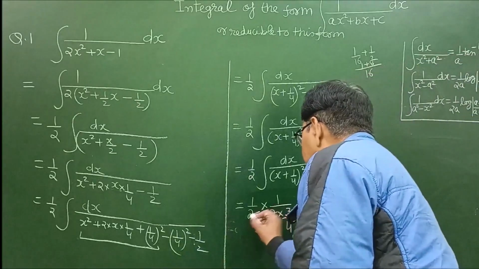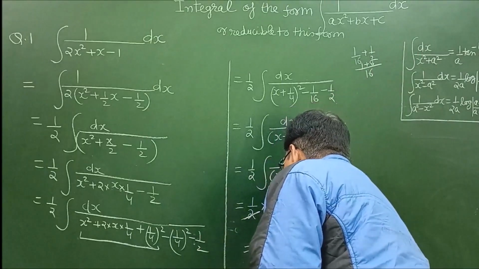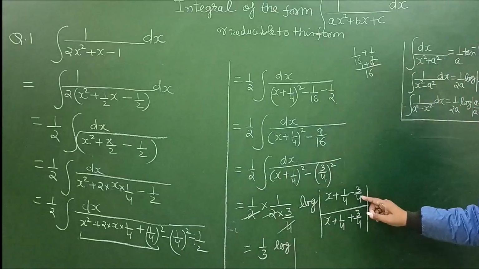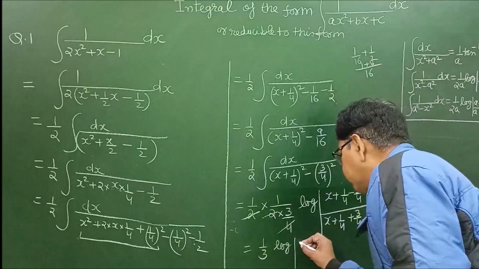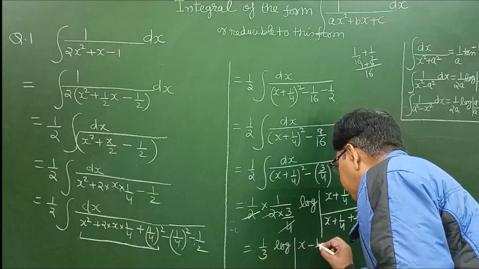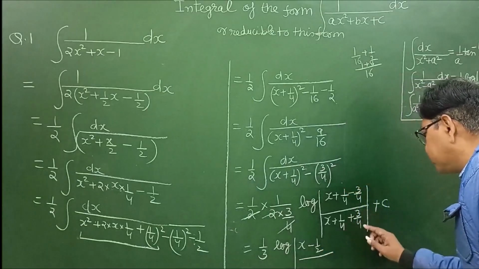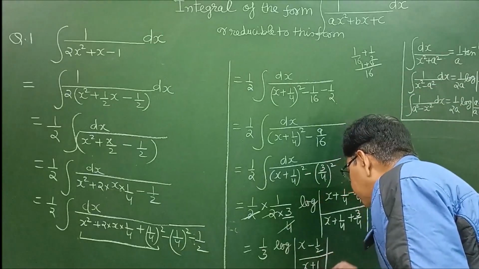Now this 4 and 4 is cancelled, so this is equal to 1 upon 3 log mod x minus 3 upon 4 plus 1 upon 4, that is x minus 2 upon 4, that is equal to x minus 1 upon 2, divided by x plus 1 upon 4 plus 3 upon 4, which is x plus 1, plus c.